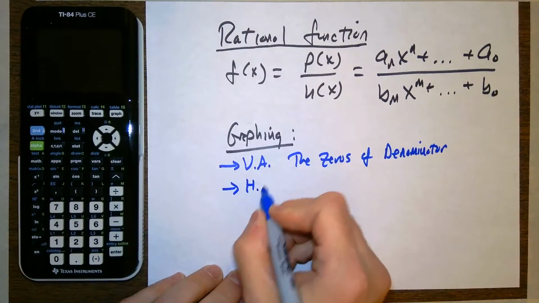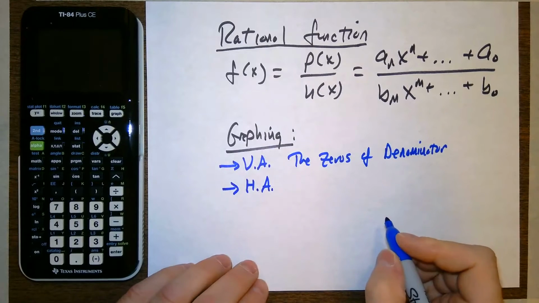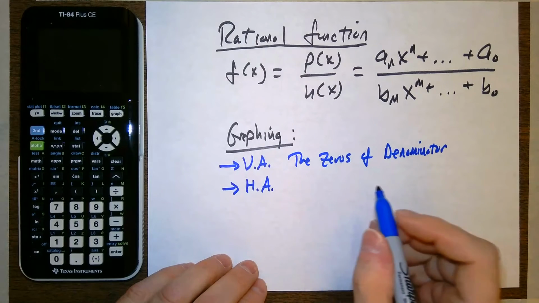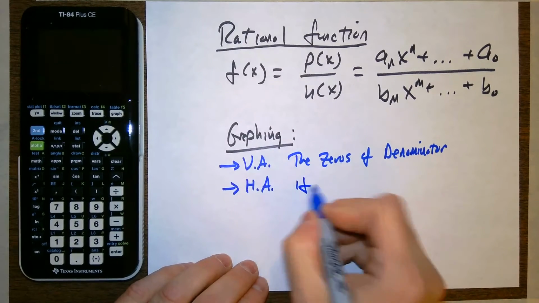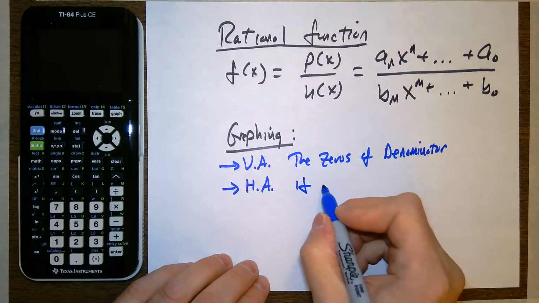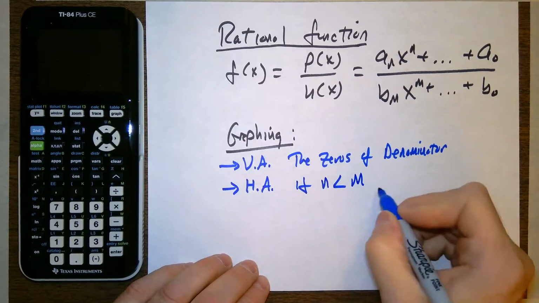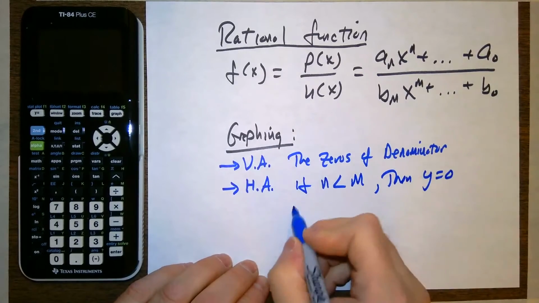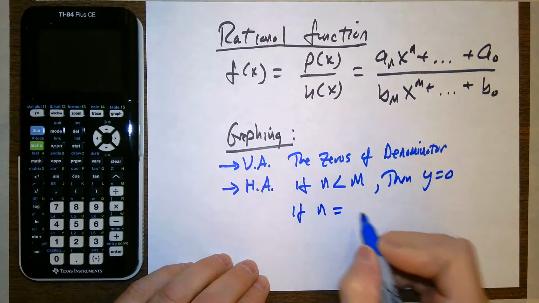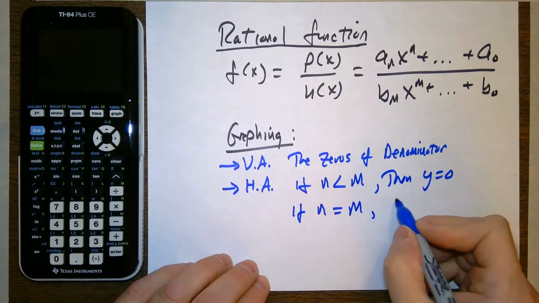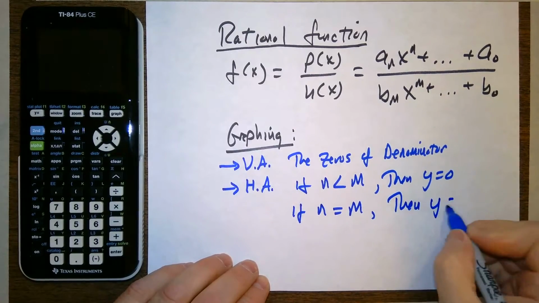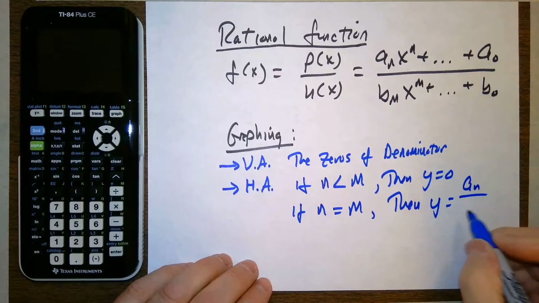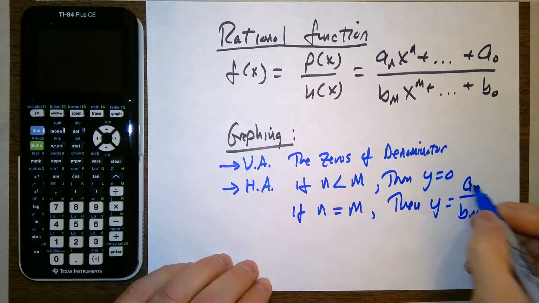Next, the horizontal asymptotes. Well, that depends on the degree. If the degree of the numerator is less than the denominator, then I've got the line y equals 0. If the degree of the numerator is the same as the degree of the denominator, then I have the line y equals lead coefficient over lead coefficient.